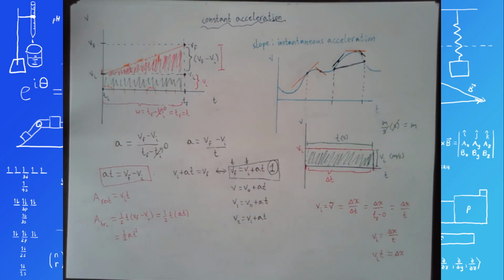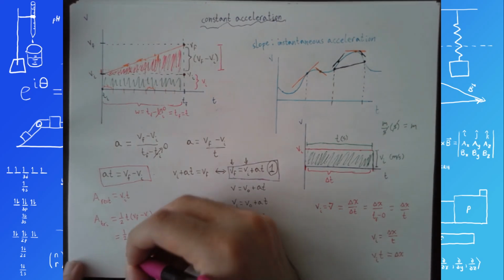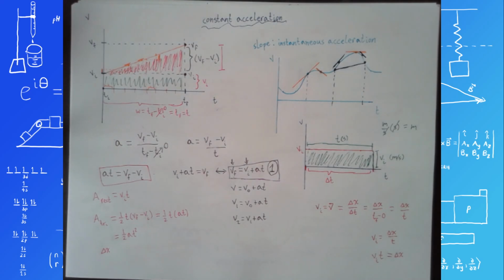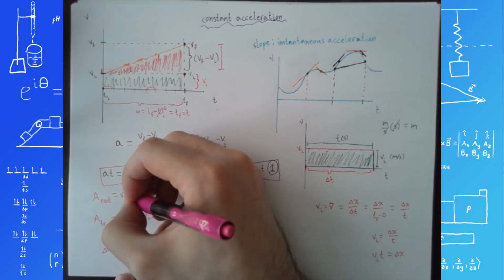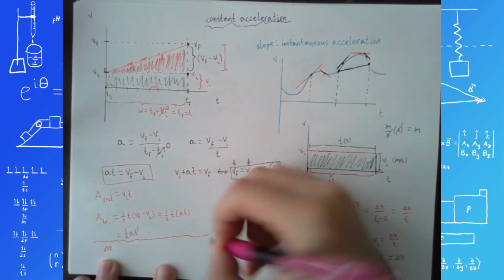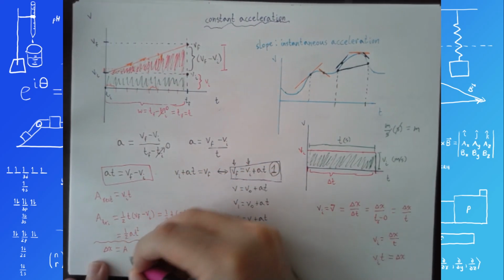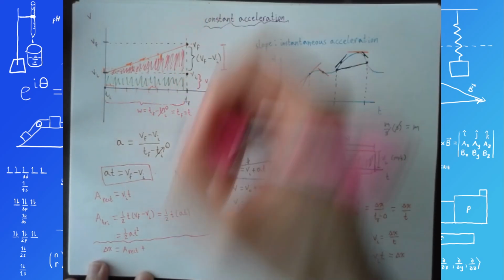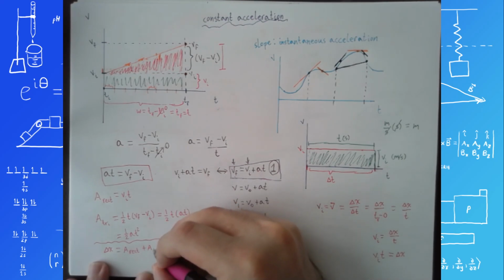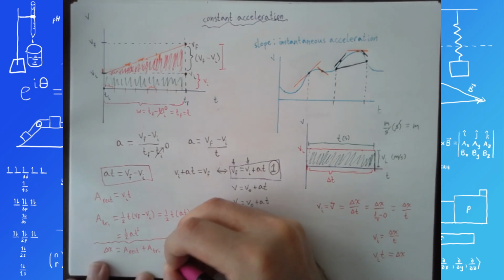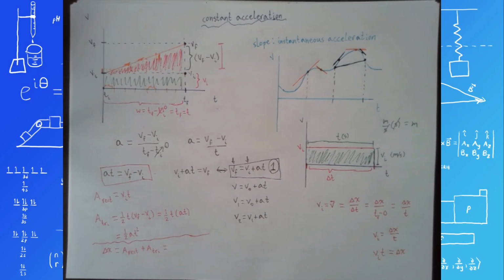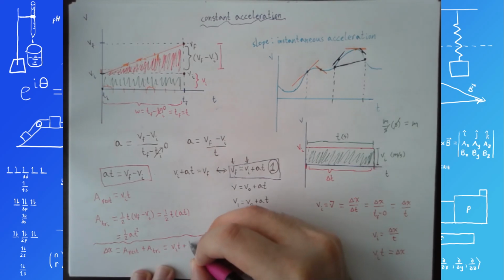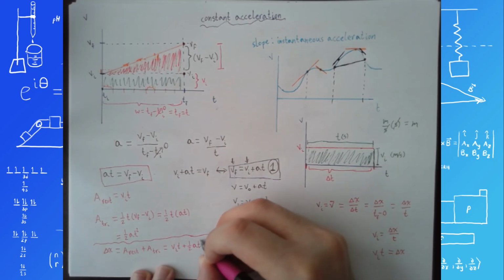Okay, so putting it all together now, the total displacement, the total change in position, is going to be the area of the rectangle plus the area of the triangle, equals the area of the green rectangle plus the area of the red triangle, equals v initial times t plus 1/2 a t squared.